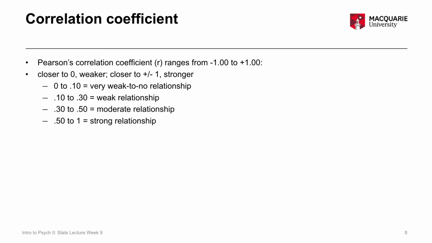And what the correlation coefficient is actually representing is how much variability there is in scores on your dependent variable or on your outcome variable for any particular given value of your independent variable.